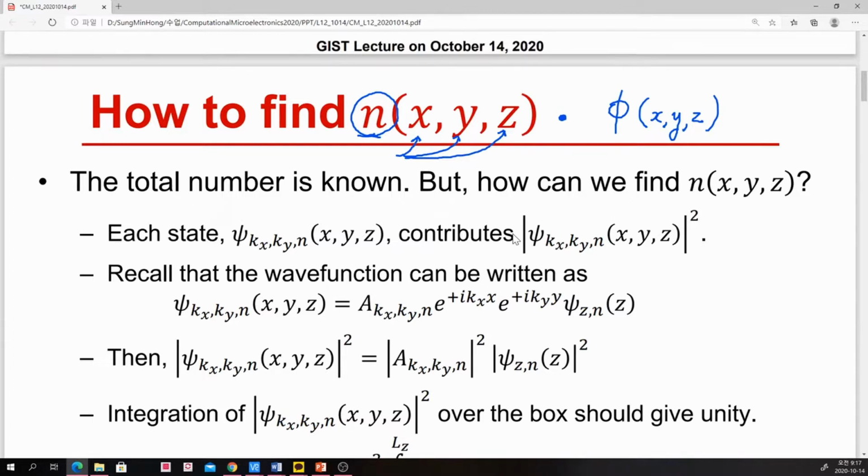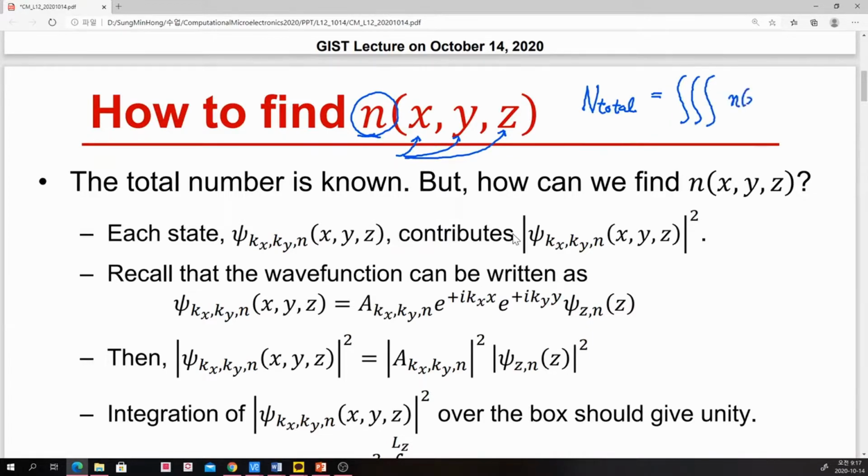Now anyhow we can understand N total, and this N total actually has a certain relation with the electron density. So how can you find this relation?